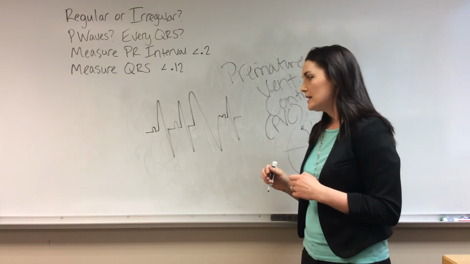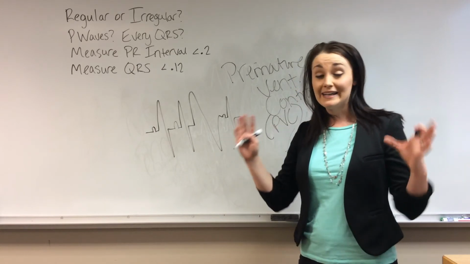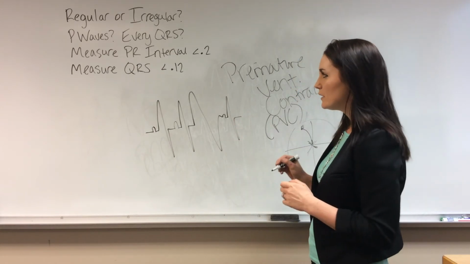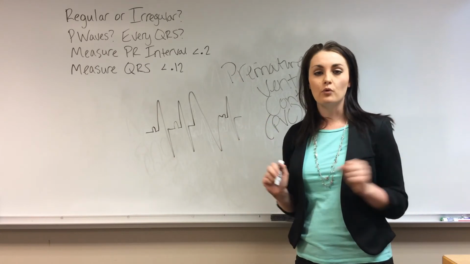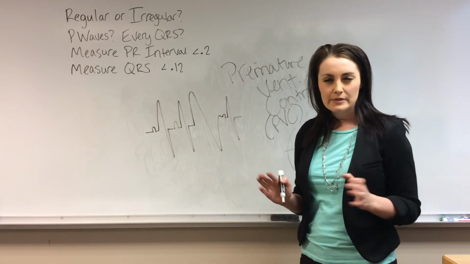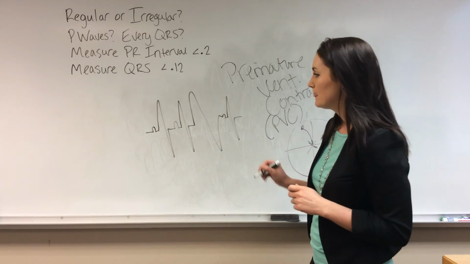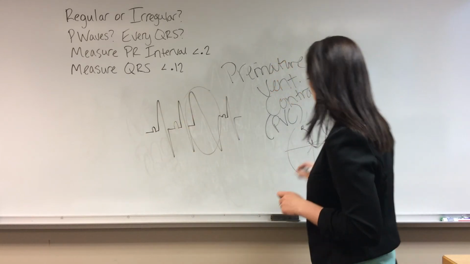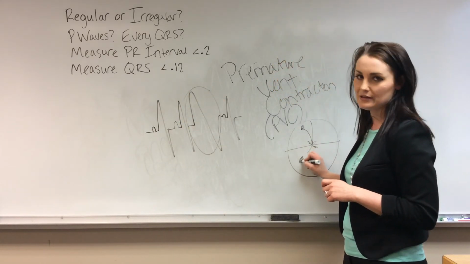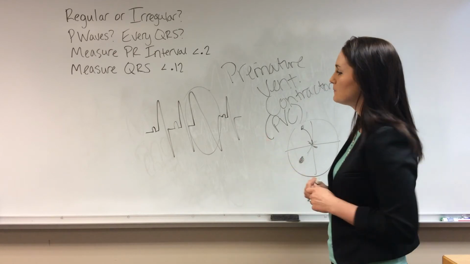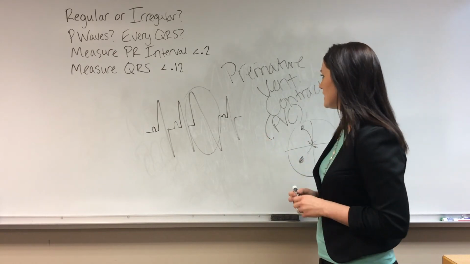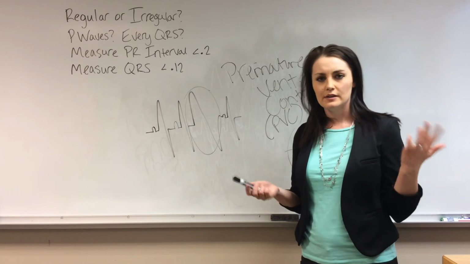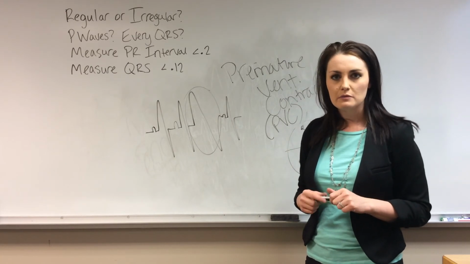What it looks like is an early beat that comes and it's wide and bizarre looking. Your QRS will be greater than 0.12 seconds. It's wide and bizarre, has an abnormal shape, and that's because it's originating from within the ventricle. And with PVCs, a few of them here and there, rare, are pretty normal and benign.